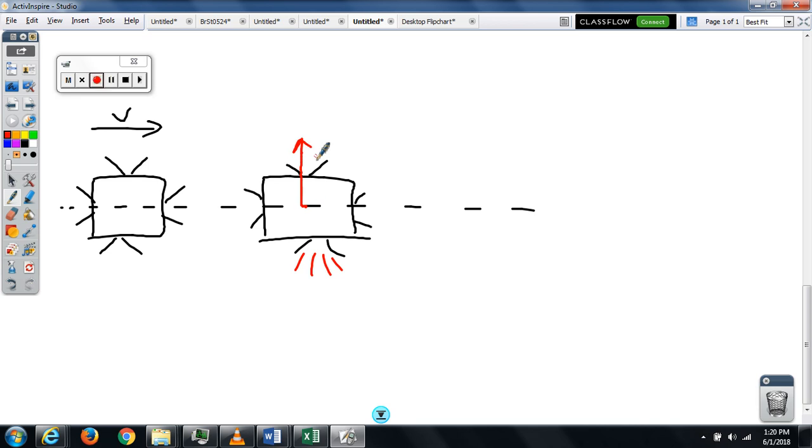That force will cause an acceleration, which will cause a change in velocity for the rocket just in that direction. So while the object is still moving to the right, it is now going to gain motion upward.